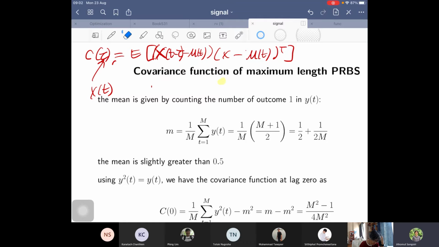Can you answer that? I'm not so sure, but maybe it's t plus tau. Then the second term: x_t minus the mean mu_t, and x at t plus tau minus mu at t plus tau.